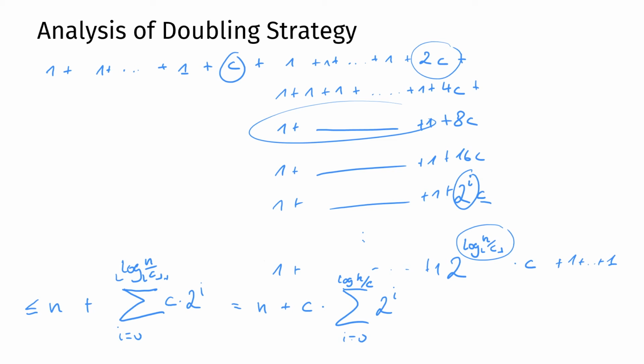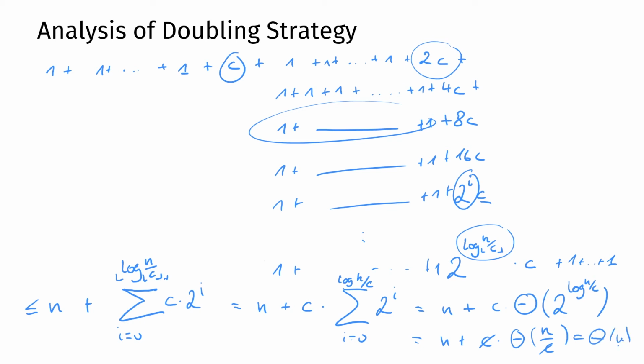So this asymptotically corresponds to c times theta of 2 to the log of n divided by c, which is n plus, so we have 2 to the log c times theta of n divided by c, so we could even cancel that c. So we essentially have n plus theta of n, so this is theta of n.